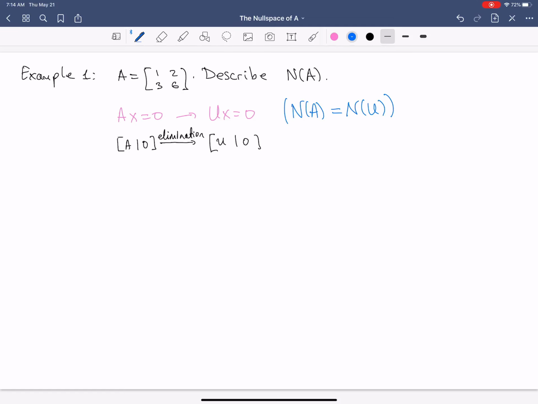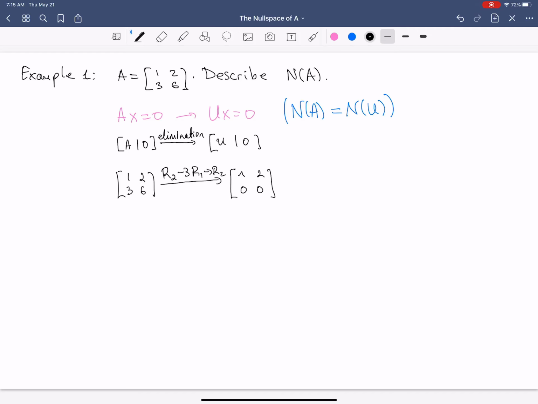Now, let's do this for the matrix that we have over here. So we have 1, 2, 3, 6. That one elimination step is R2 minus 3R1 into R2, and we get 1, 2, 0, 0.